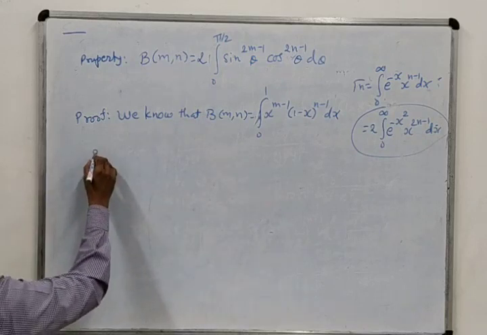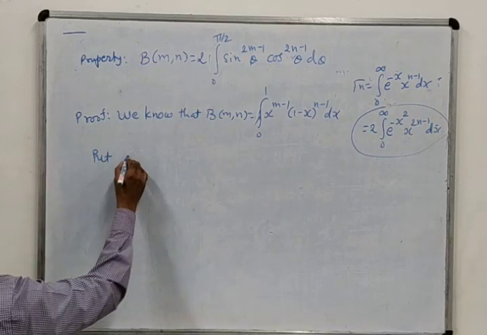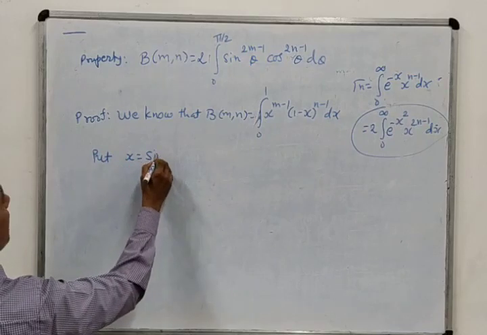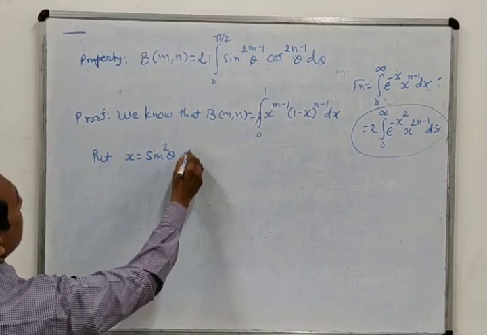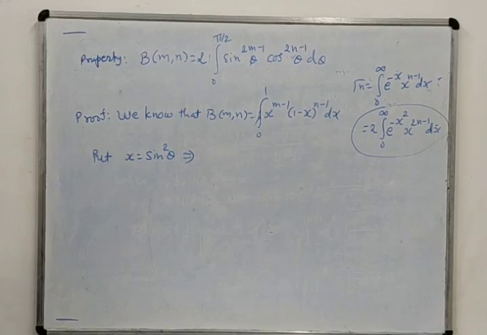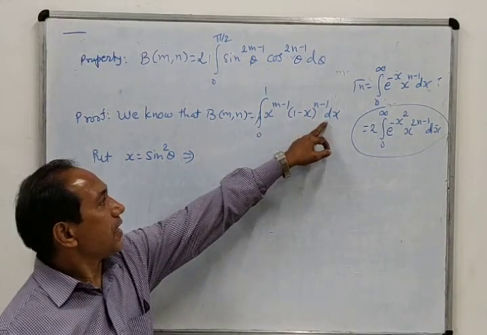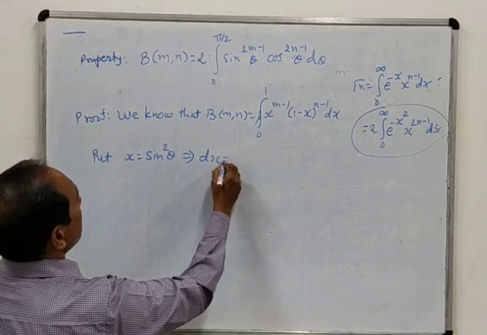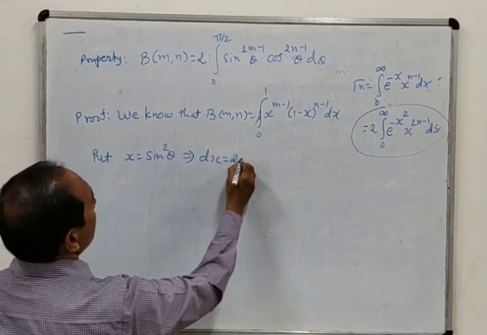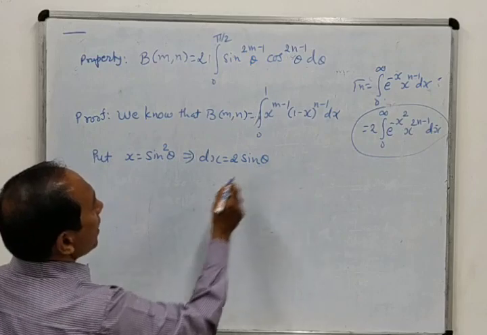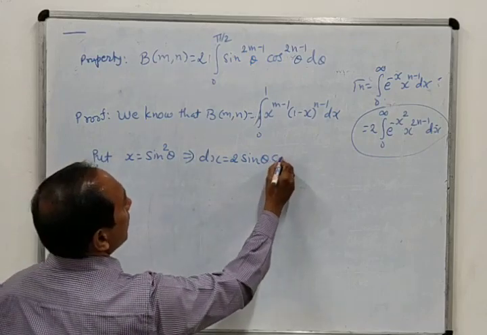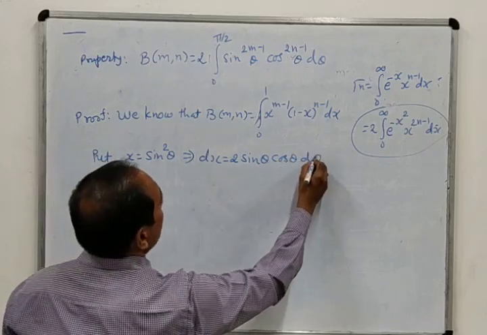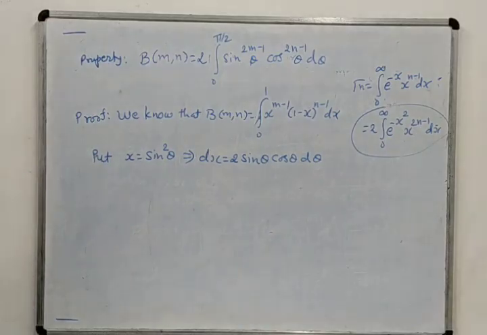So in this proof we will put x equal to sine square theta. Then dx will also change. The derivative of sine square is 2 sine theta, and the derivative of sine theta is cos theta, so dx is 2 sine theta cos theta d theta.